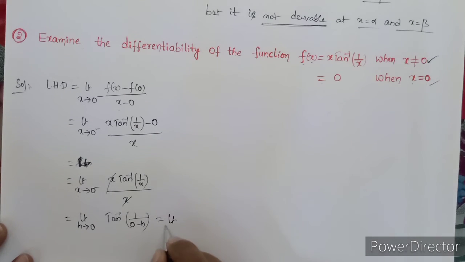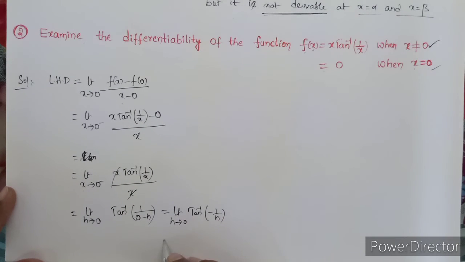Limit h tends to 0, tan inverse of minus 1 by h. We write this as minus limit h tends to 0, tan inverse of 1 by h.